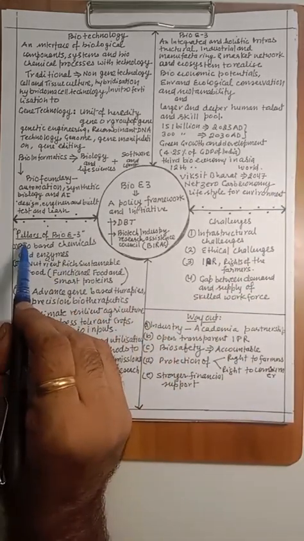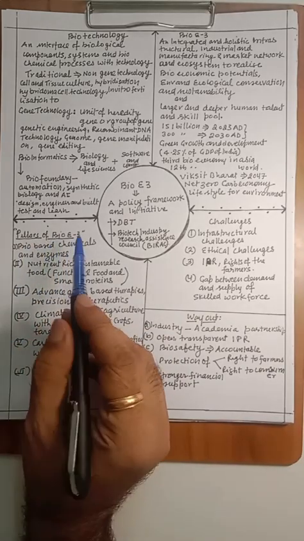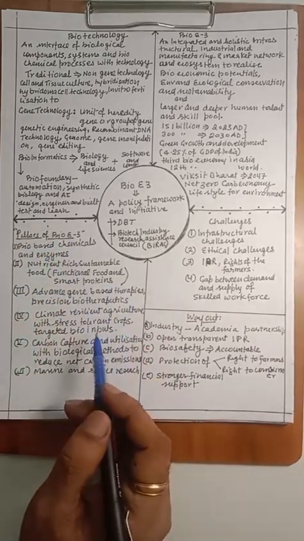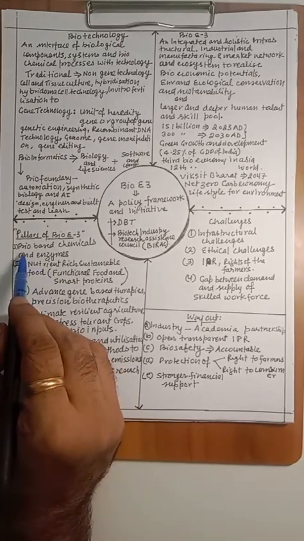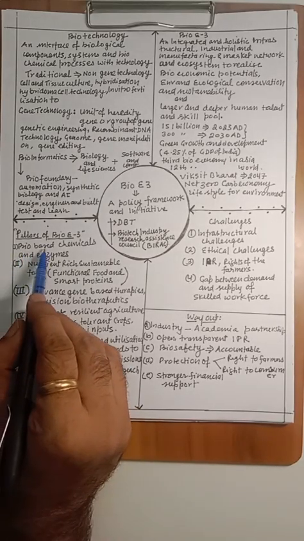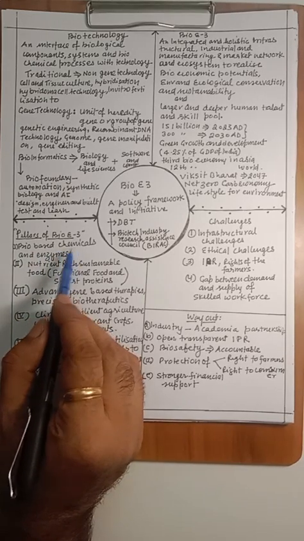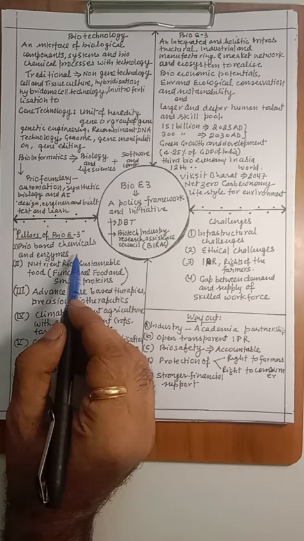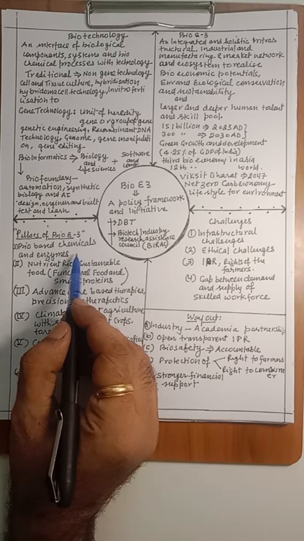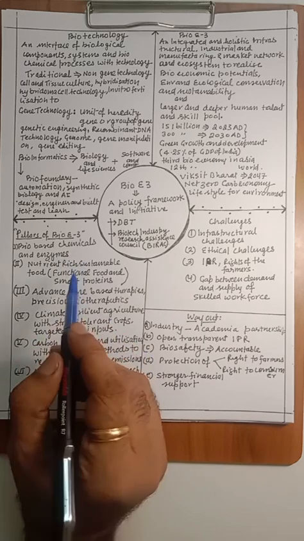Now let us discuss pillars of BioE3. These are the 6 pillars of BioE3. First pillar is concentrating on bio-based chemicals and enzymes, replacing petrochemical and chemical and enzymes.